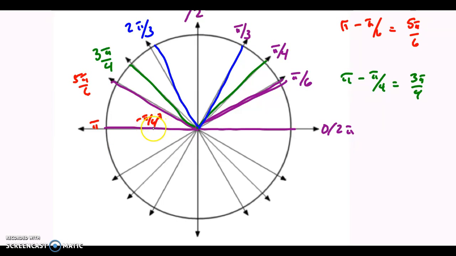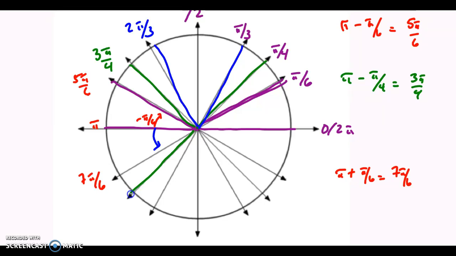Similarly, if I go counterclockwise pi over 6 past pi, I just have to add pi over 6 to pi. So pi plus pi over 6 is going to be 7 pi over 6. And that's what I'm going to be doing throughout here.